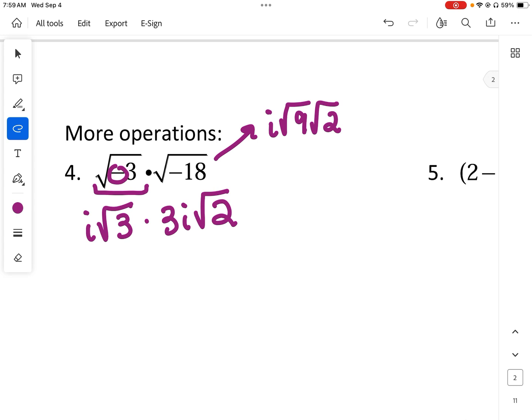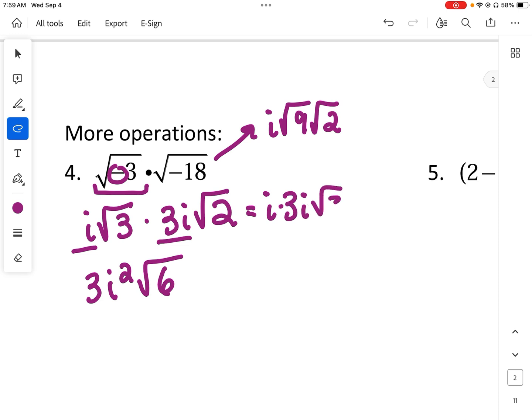Okay, whenever you multiply, we're going to multiply the imaginary part first and then the radical. So I'm going to do i times 3i is 3i squared. And then the square root of 3 times square root of 2 is really square root of 6. We can combine those. So what I could have done is i times 3i, square root of 3 times square root of 2. And this was the 3i squared, and this was square root of 6.